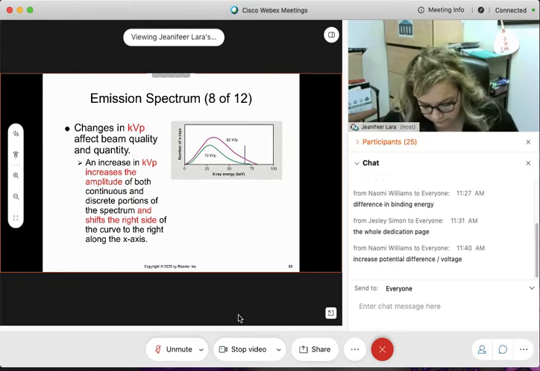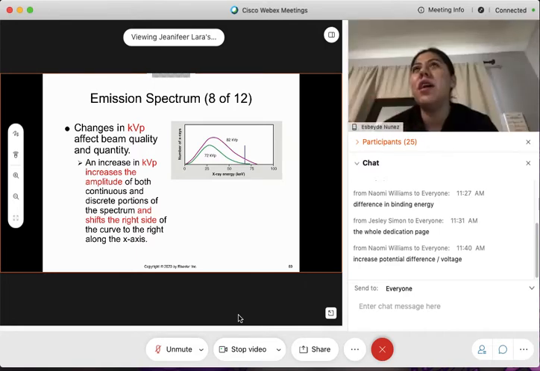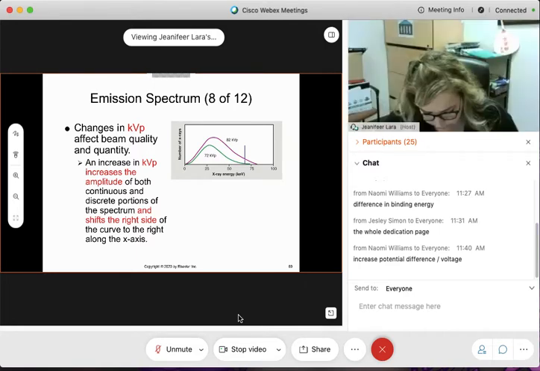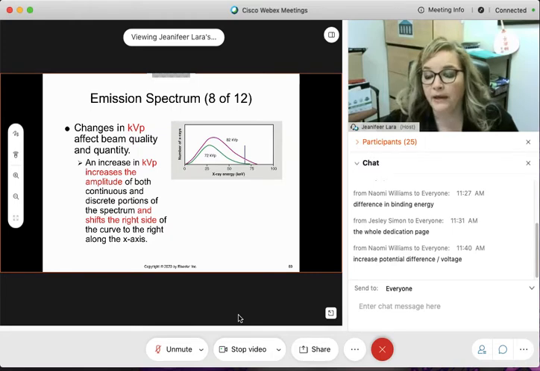You're saying that the kVp does not affect, but I remember looking at the PowerPoint in the book, and I thought in case we had to double the mAs. Maybe not.